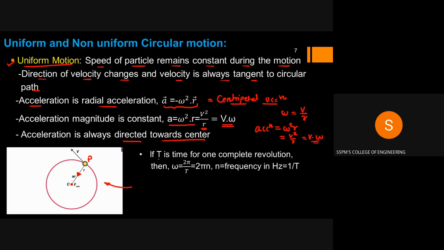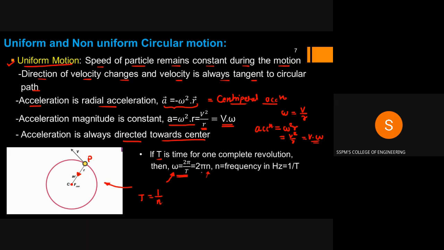Now suppose t is the time to complete one revolution in the uniform circular motion, then its angular velocity omega we can give by using this equation: omega is equal to 2 pi upon t. Or if the frequency is given instead of time period, the time period is the inverse of the frequency, so n is equal to 1 upon t.